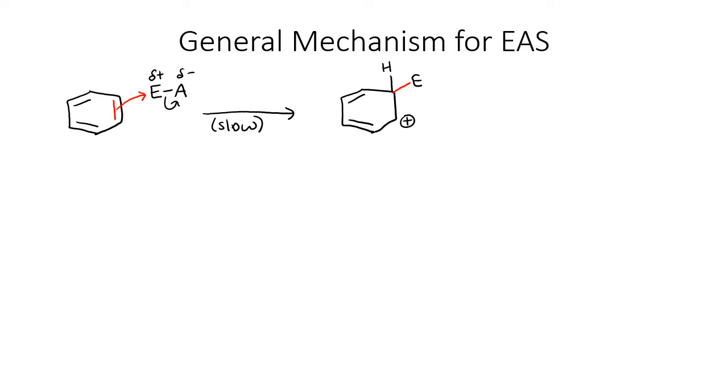Now this positive charge is allylic. It's 1 bond away from a double bond here. So it is capable of participating in resonance. So these pi electrons can come over and we can create our first resonance structure, putting the positive charge here.